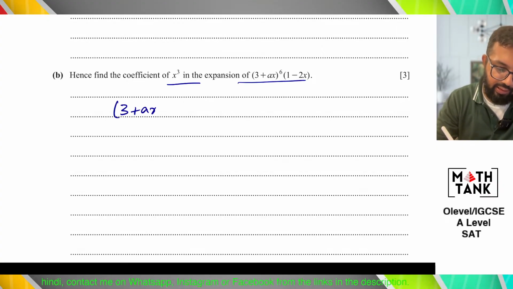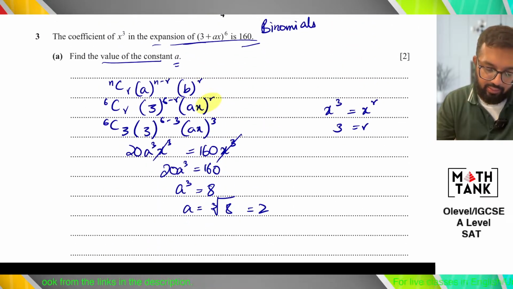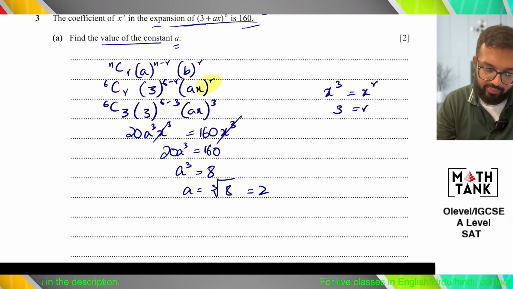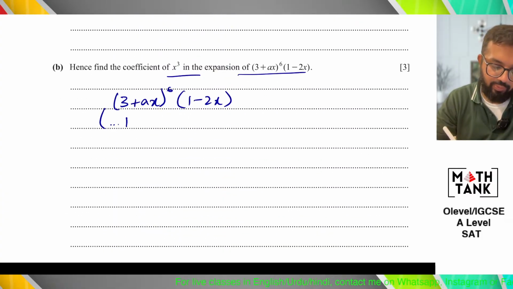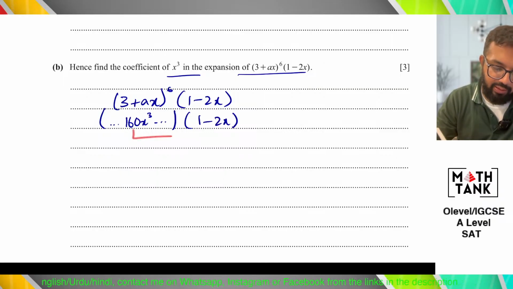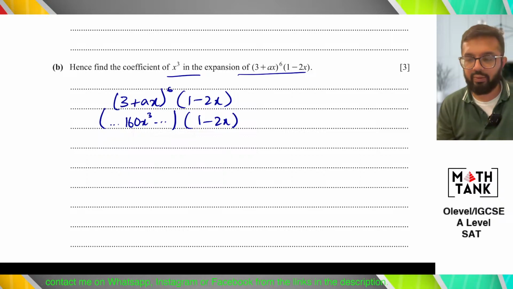So 3 plus ax power 6, 1 minus 2x. Now, I just have one term from inside this, and that term is 20a cube x cube. So a cube gives me 8, so that's 160x cube from inside. I don't have any other terms. But what I notice now is that when I multiply this with this, I get 160x cubed.